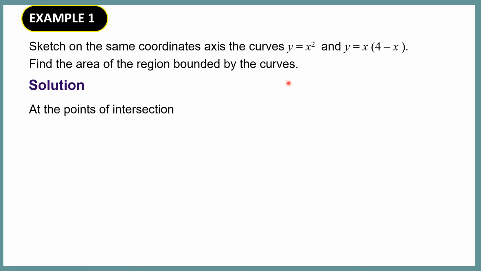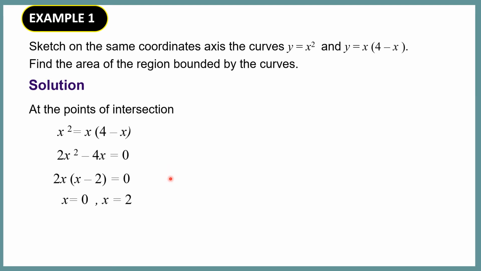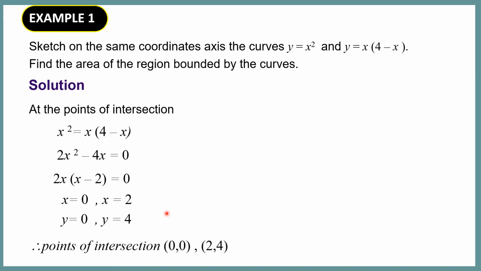So at point of intersection, x squared is the same as x multiplied by 4 minus x. Simplifying, factorizing, x equals 0 or x equals 2. When x equals 0, y is 0. When x equals 2, y is 4. Therefore, the points of intersection are 0, 0 or 2, 4.